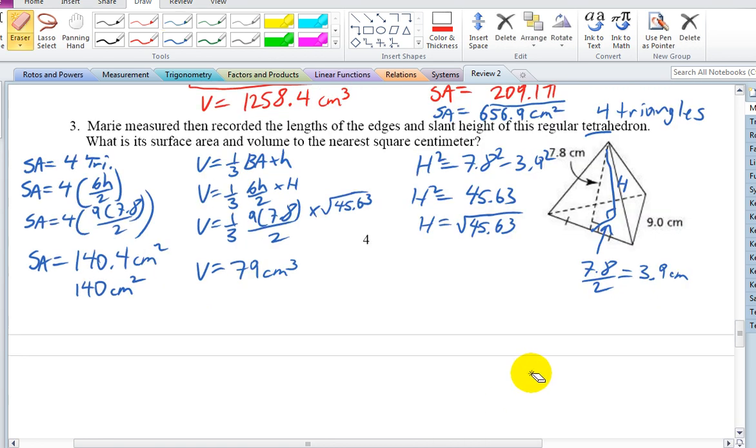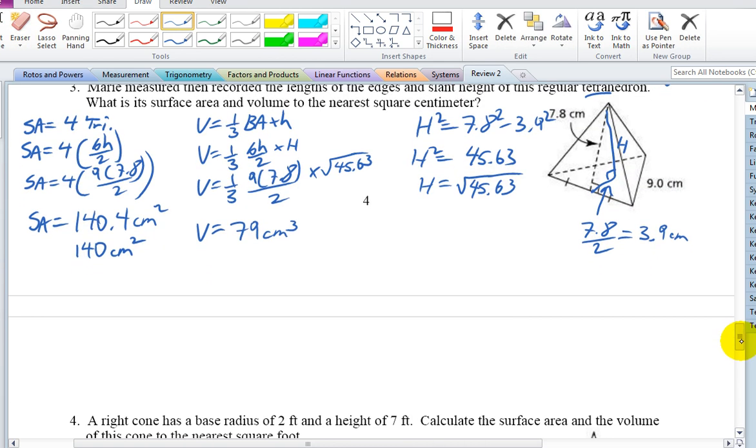Okay, so this next part here, now we're looking at cones and cylinders. So from a cylinder to a cone, you divide by 3. Cone to cylinder, you're going to times by 3.